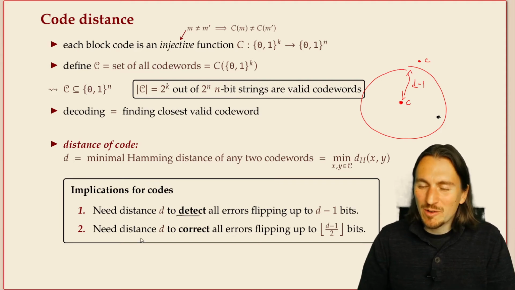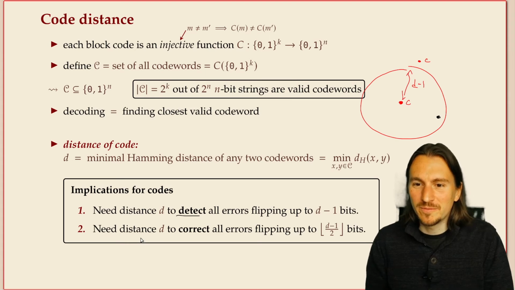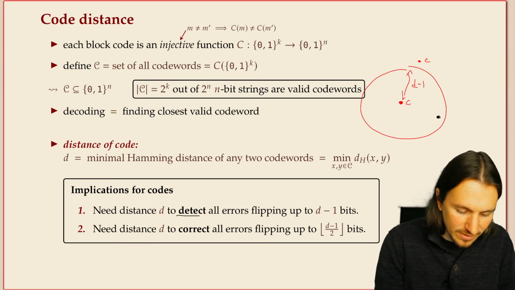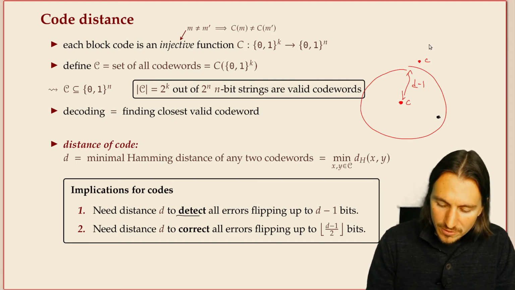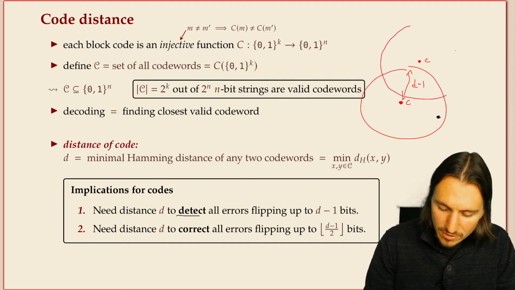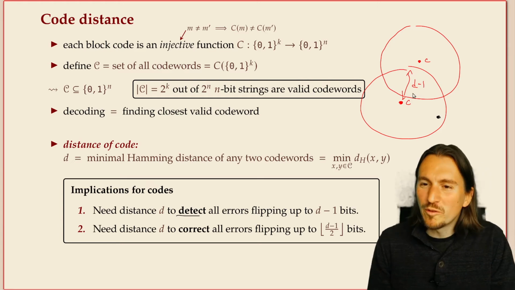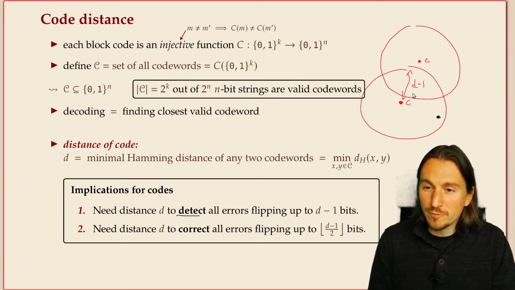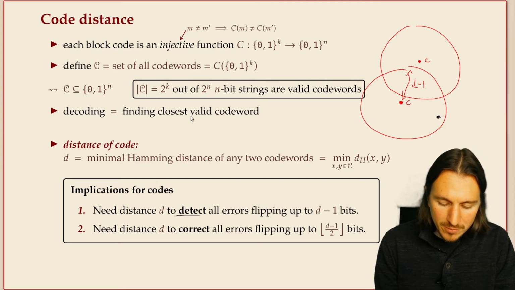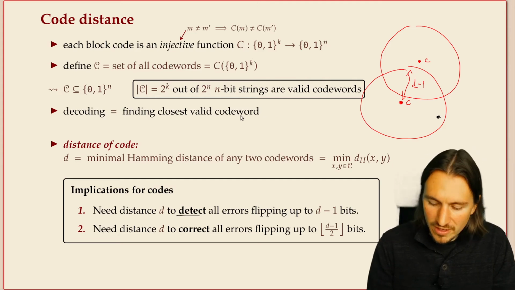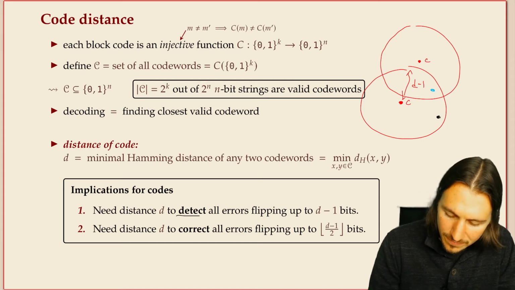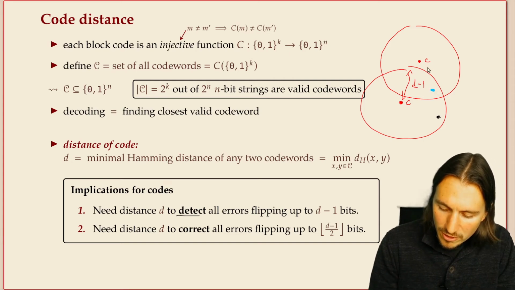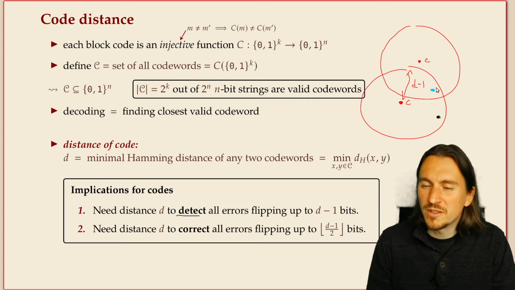Now, how about correcting the error? If I take the same example, here's my C. If I were to draw a circle with d-1 around this, there would be a big overlap between those circles. And for correction, we have to map to the closest code word. Now, if I have something in here, it's not clear whether I should map it to this one or to this one, and I might make the wrong decision.